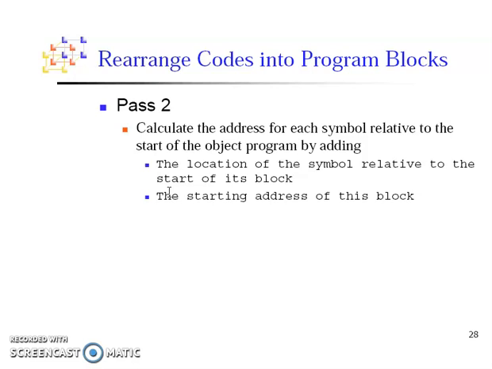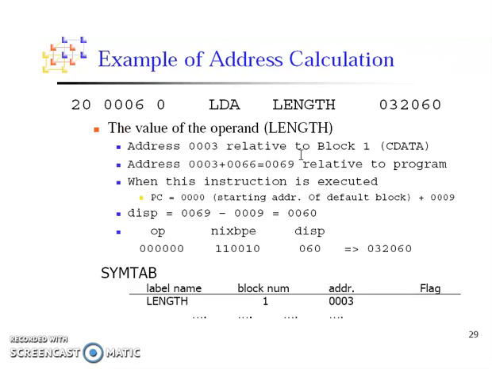Let us see an example of how the address is calculated, for example LDA LENGTH. It is stored at memory location 0006 inside the default block, which is block 0. The operand LENGTH is defined elsewhere, and its address is 0003 relative to block 1.